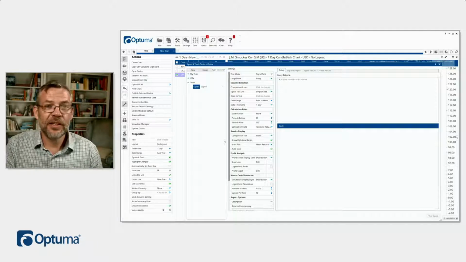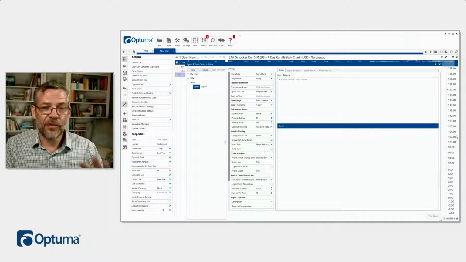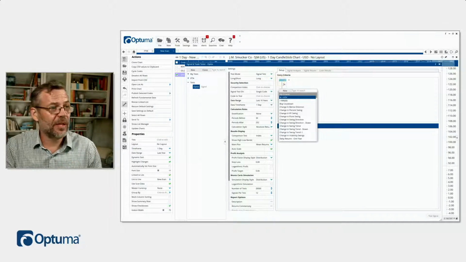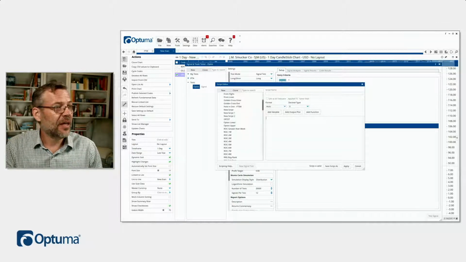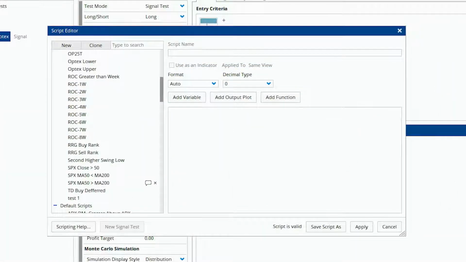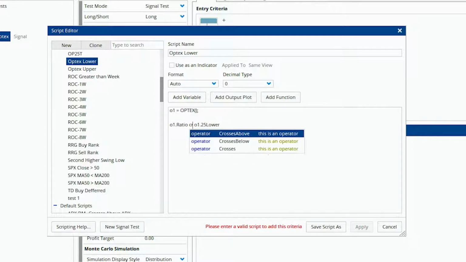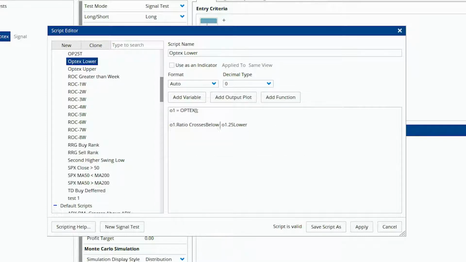When we look at the properties here, it's very similar to the backtester, but there's only one signal that we add here. So let's just add that first. I want to use my Optex lower. Actually, this time I'm going to do crosses below because I want to use that as our signal. This is without trend.